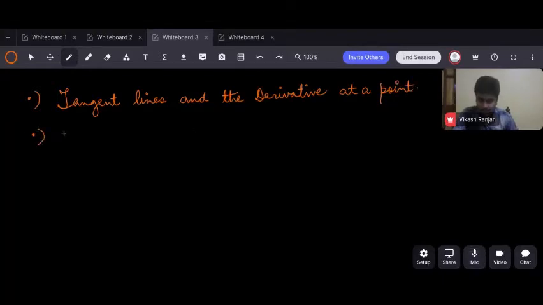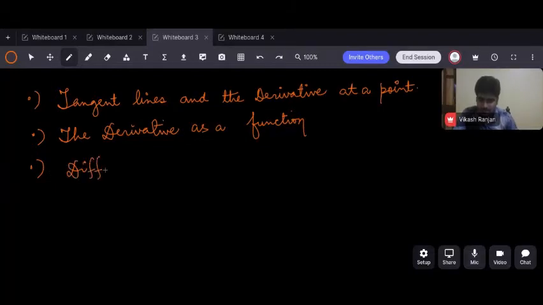The second topic is the derivative as a function. Third topic is differentiation rule. Fourth topic is the derivative as a rate of change.